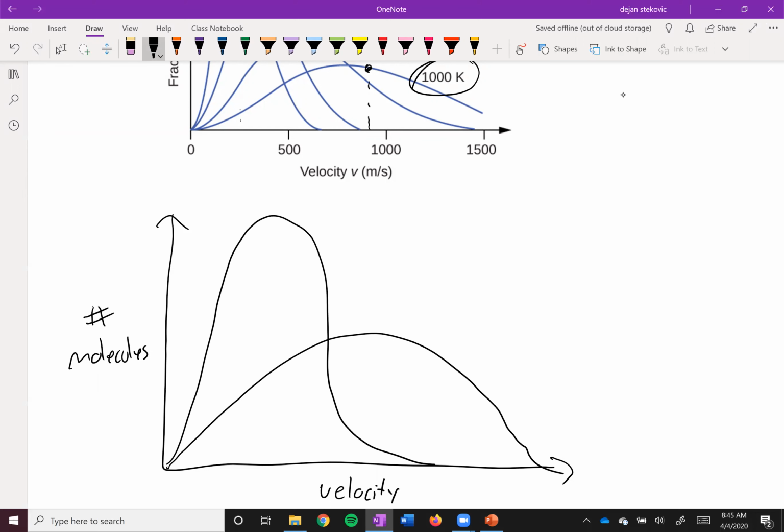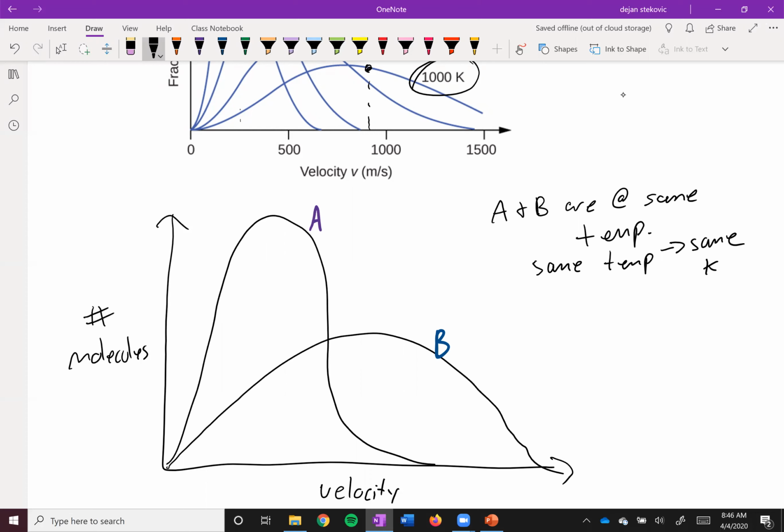All right, so we'll call one of these A, and one of them B. And we'll say A and B are at the same temperature. If they're at the same temperature, they have to have the same kinetic energy. All right, and I'll tell you one of them is helium, and one of them is xenon.